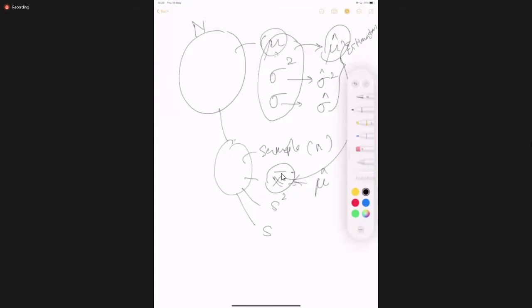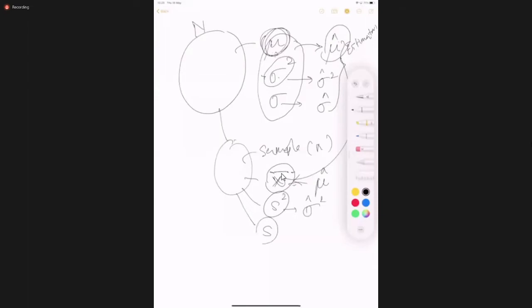If we use the sample variance S squared to estimate the population variance, in that case, this S squared is going to be sigma squared hat.